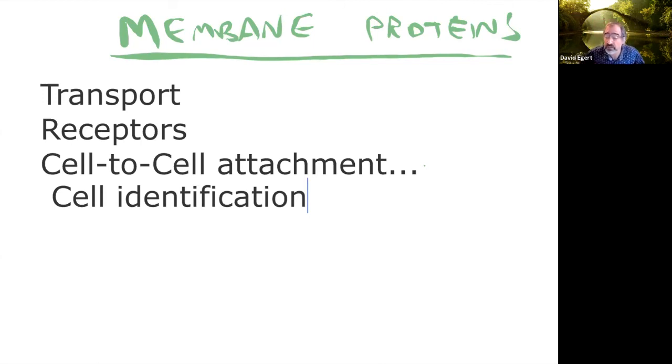We'll talk about this in much more detail when we get to the immune system and talk about major histocompatibility complex. But this is why even if you needed a kidney and I was happy to give you my kidney, the chances are it wouldn't work. I would give you my kidney and your body would say, these cells don't have the right ID marker, kill it.